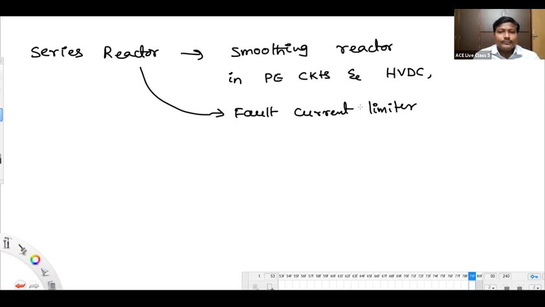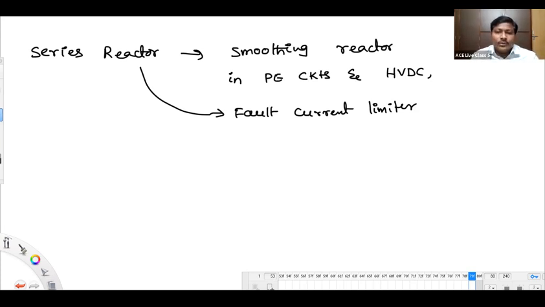Clear? Practically, we will be using combinations of these elements according to the location, which system, what the level of the system is, and what the requirement is. These things will decide. Not only one device, they will go with a combination of devices.